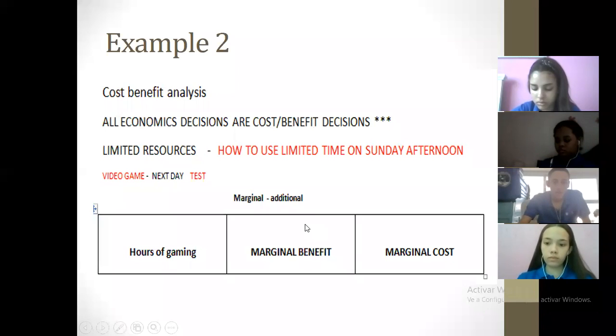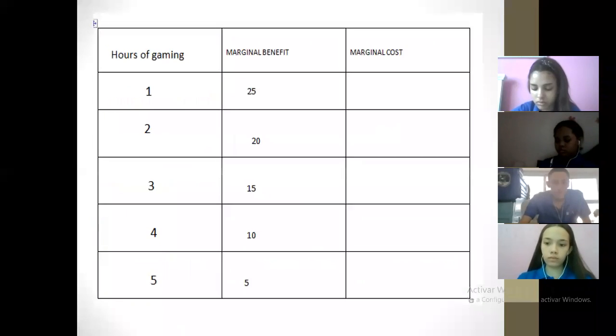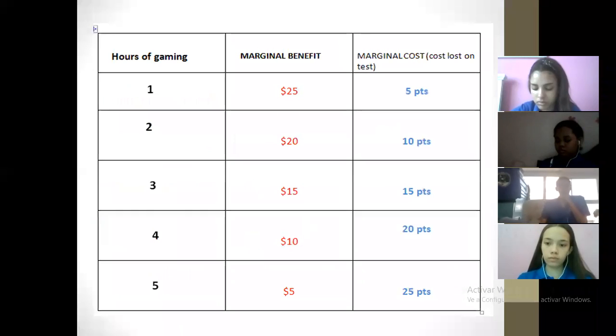So I have to give them amounts over here. Now, let me finish this one. What I did is over here, for 1 hour, I would pay for that first hour, I would pay $25. Okay, that's an example. Why?